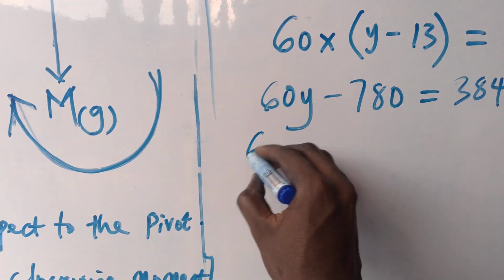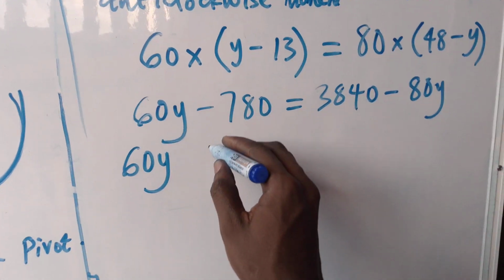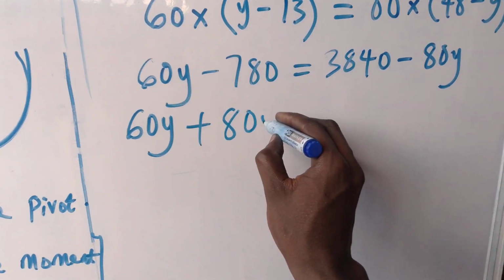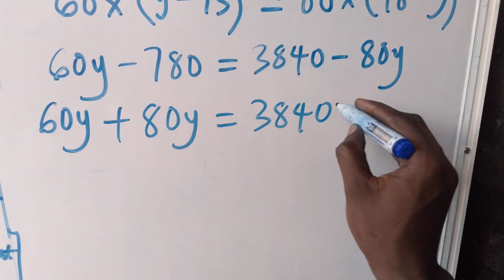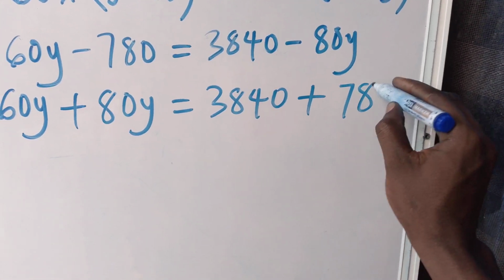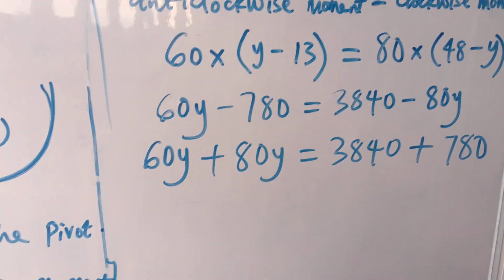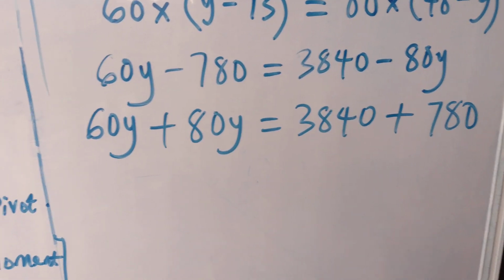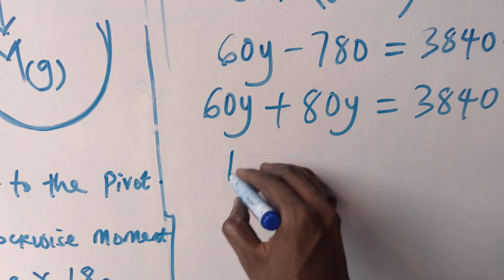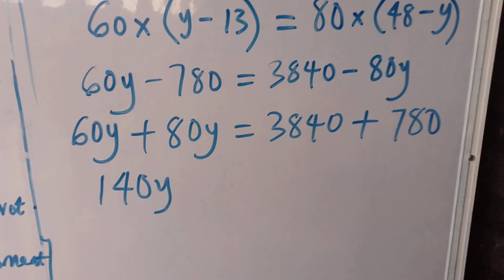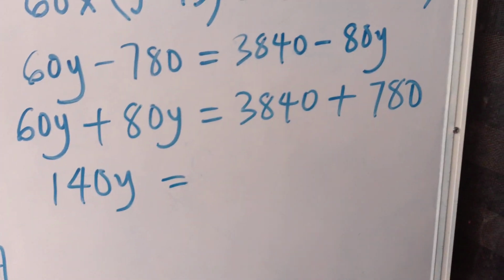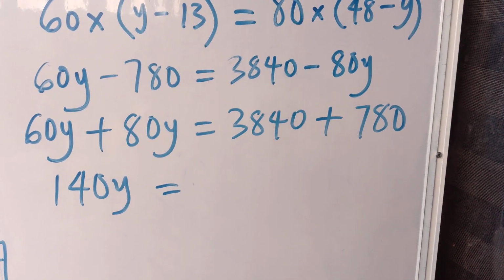So this is 60y plus 80y is equals to 3840 plus 780. Alright, so 60 plus 80 will give me 140y, is equal to 3840 plus 780.